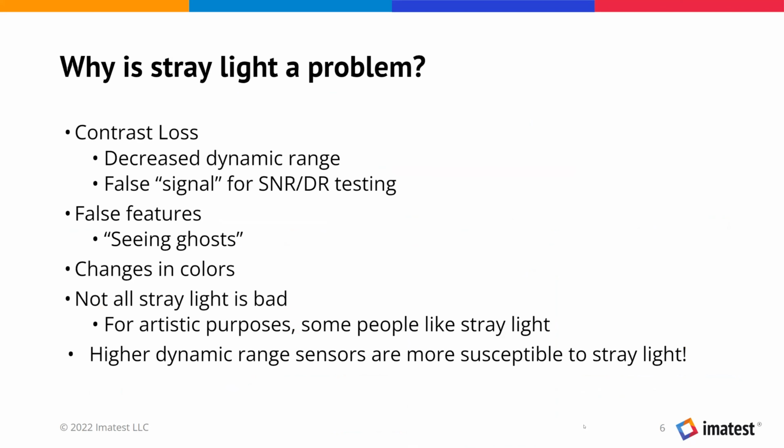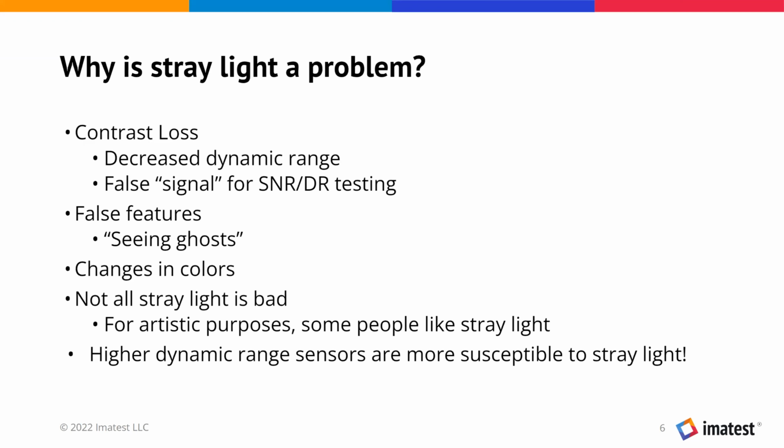So why is stray light a problem? Those examples kind of demonstrate that, but first, contrast loss due to veiling glare. The stray light will effectively decrease the dynamic range of your camera. That could be the bottleneck or limiting factor.